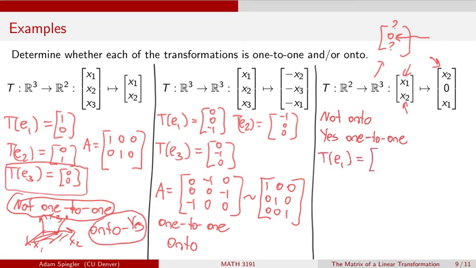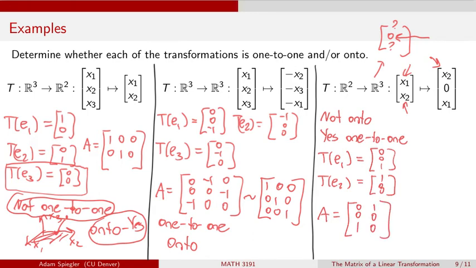It would wind up getting mapped to 0, 0, 1. The second standard column vector is going to get mapped to 1, 0, 0. So the matrix representation here would have its first column of 0, 0, 1, its second column of 1, 0, 0, and that would be that.